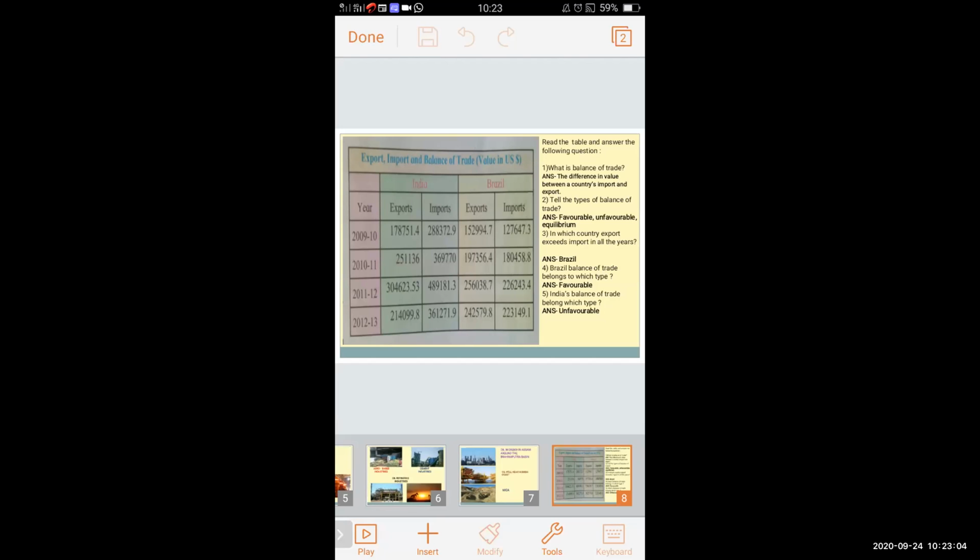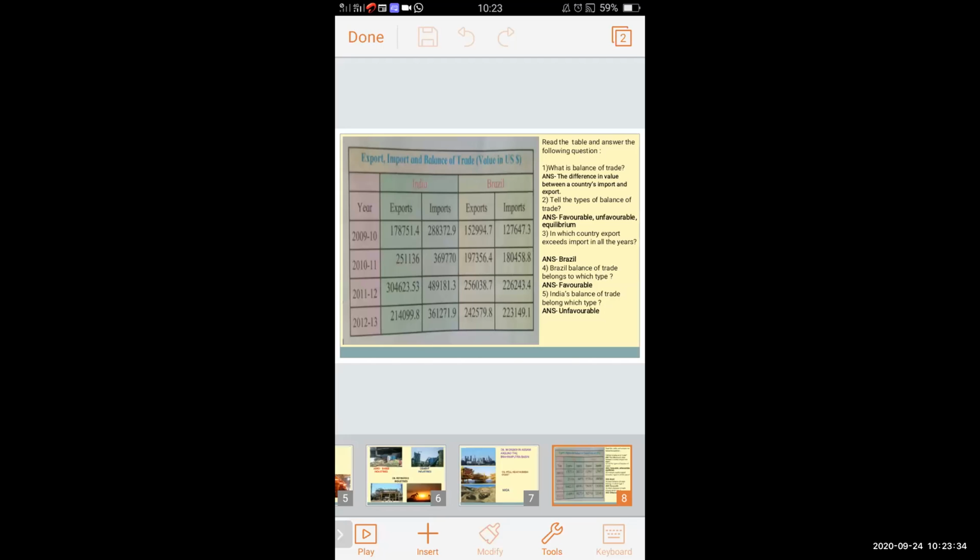This shows that India depends on other countries for import of goods. In the table there is too much difference between the import and export figures given in every year. In every year, export is less and import is more.